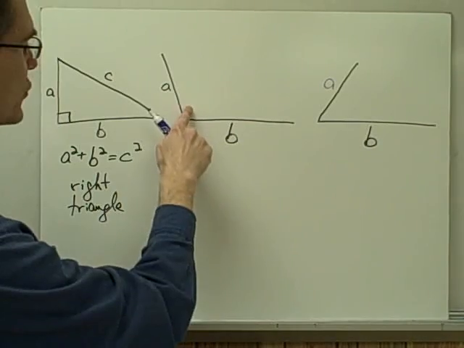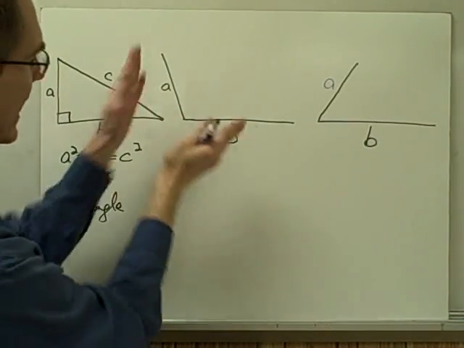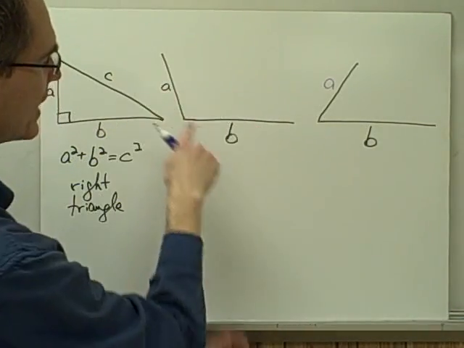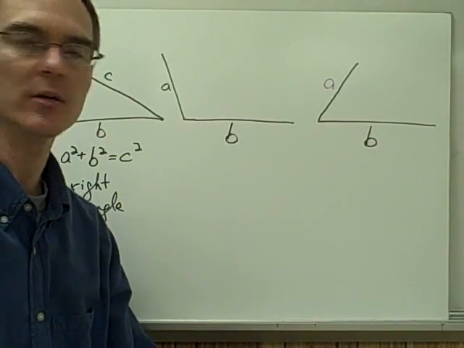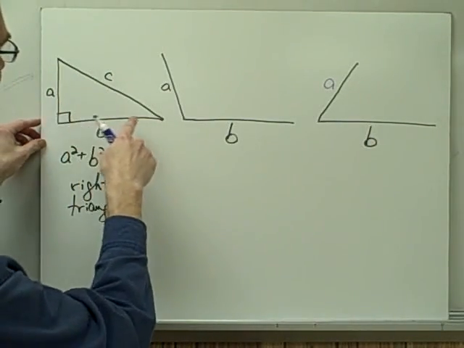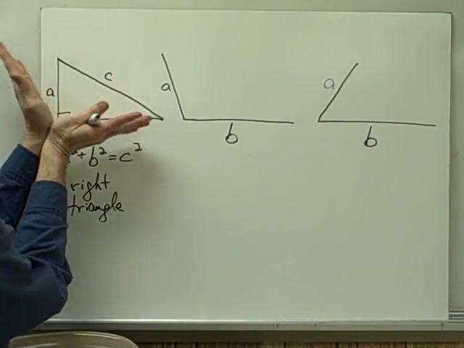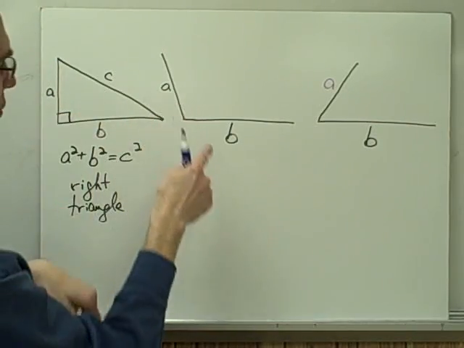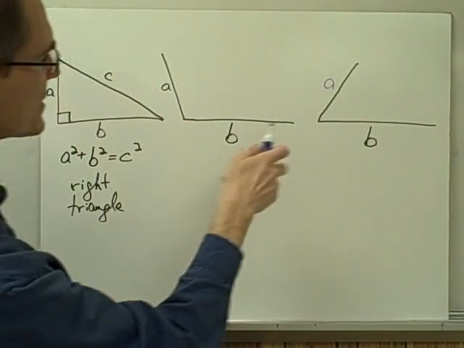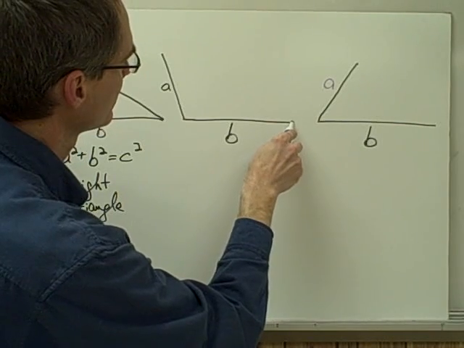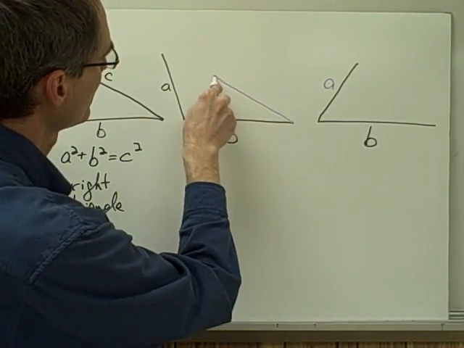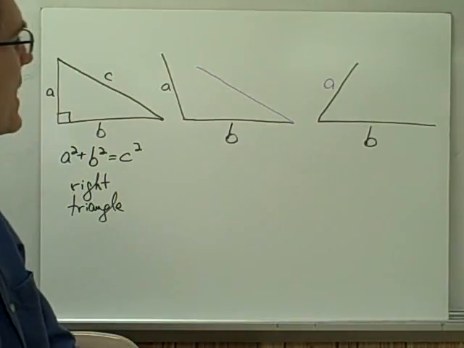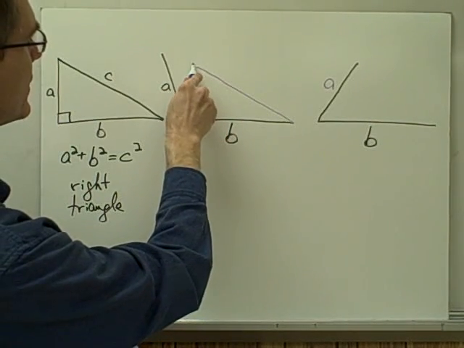Notice that on the second triangle, I've taken my right angle and I've kind of widened it a little bit. I've made this into an obtuse angle. And so what I'd like to find out is, if I make this angle here a little bit wider, what's going to happen if I try to make a triangle here?